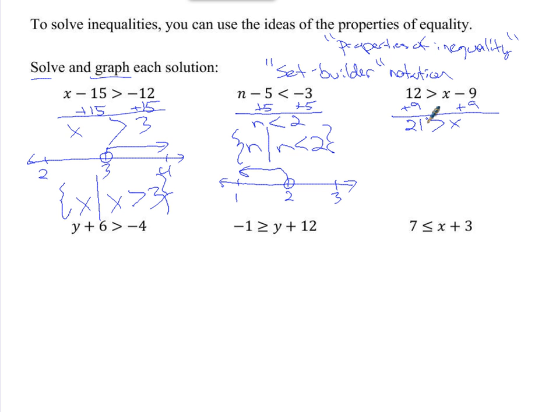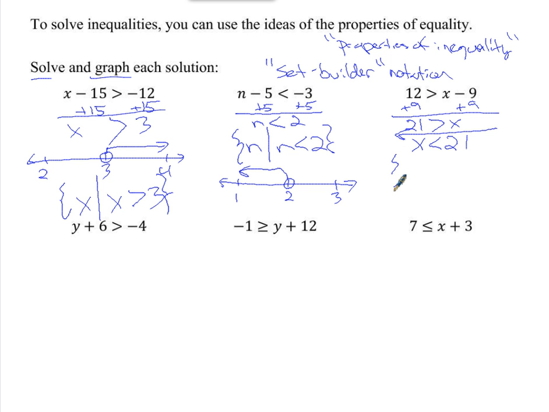So if I were you, I would rewrite this as x is less than 21. That's just reading backwards. You guys all see how that works? That's probably the hardest part about this whole chapter, when those are written backwards. So now that I did that, I can write this in set builder notation. So I'll write what?